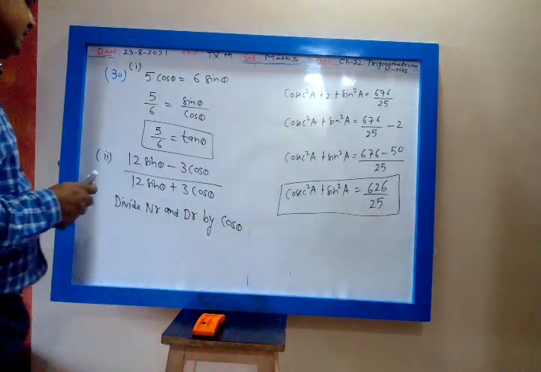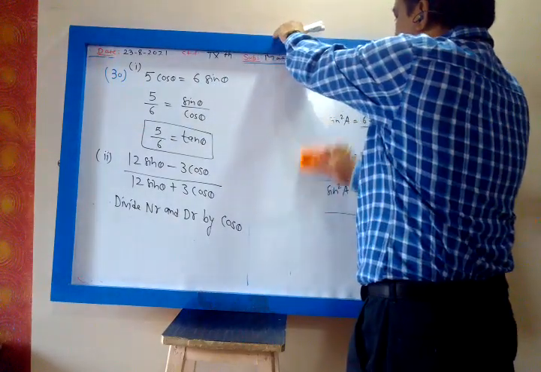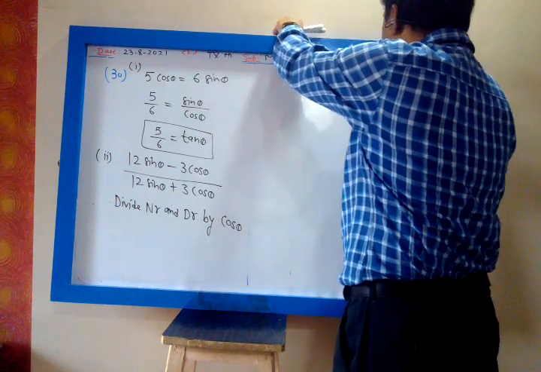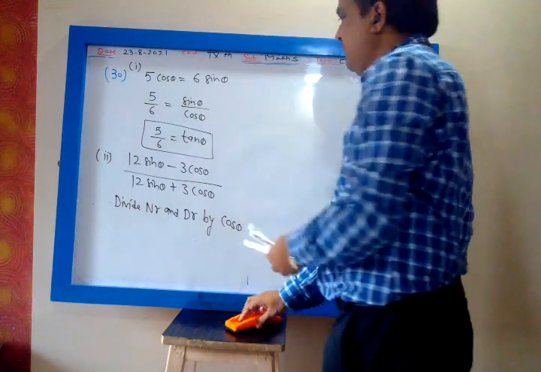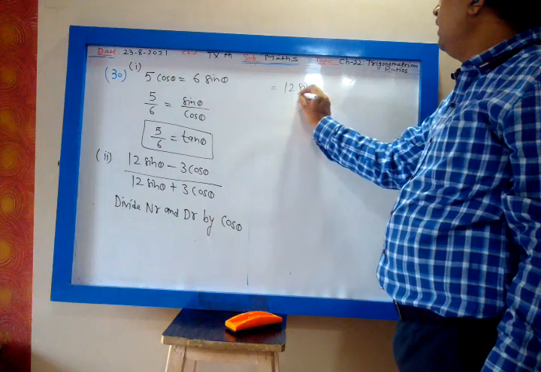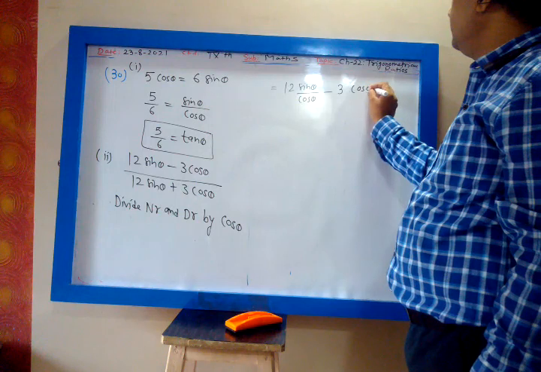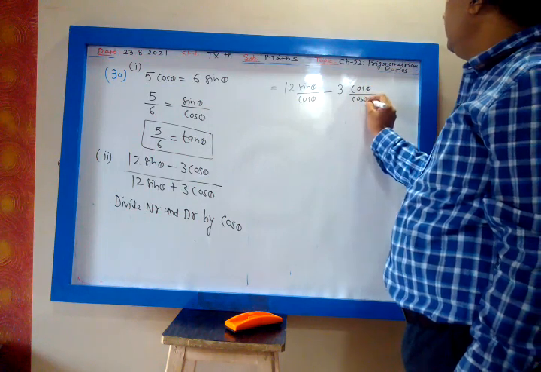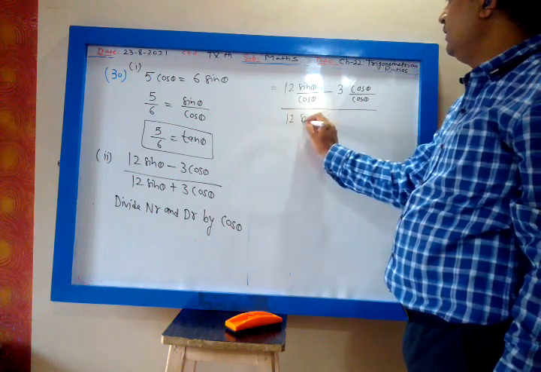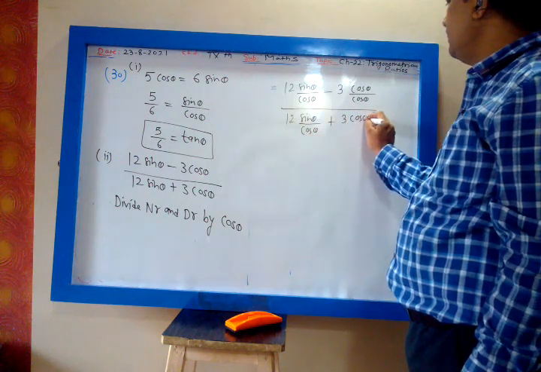So that will be 12 sin theta upon cos theta minus 3 cos theta upon cos theta, divided by 12 sin theta upon cos theta plus 3 cos theta upon cos theta.